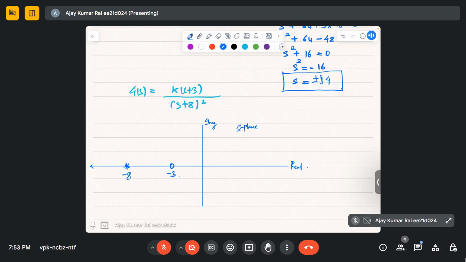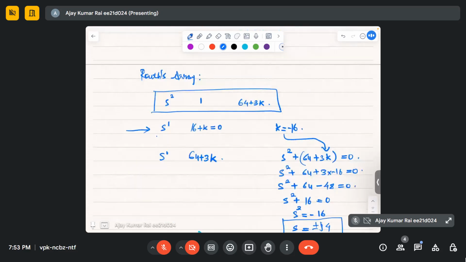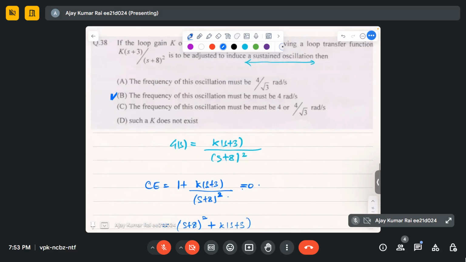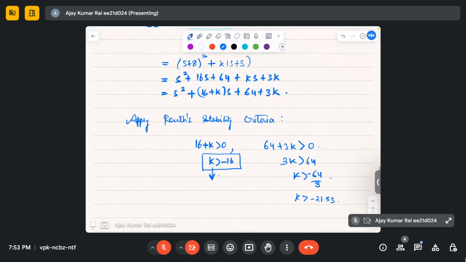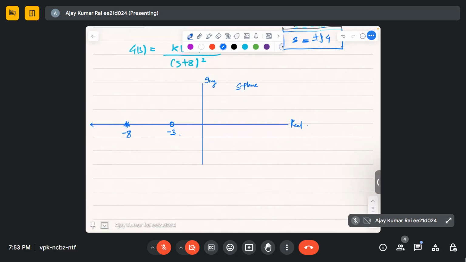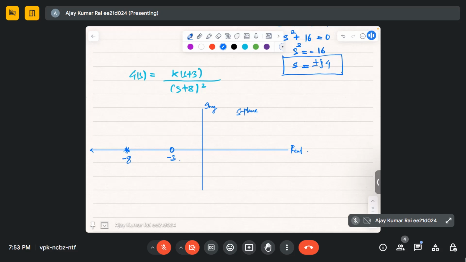So the open loop transfer function is K into (s plus 3) over (s plus 8) whole square. Let's assume that k is positive, and for positive values, let's find out the root locus.